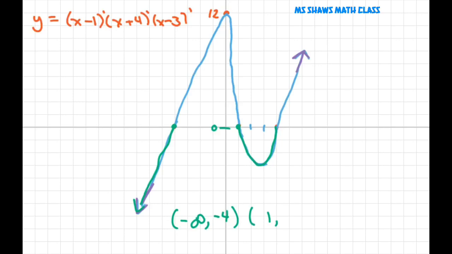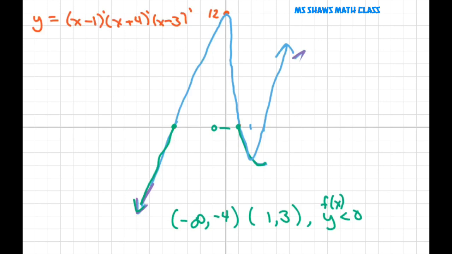I think this was supposed to be 3. I should have graphed this through 3, so let me graph it through 3. It's something like that. So from 1 to 3 is where our y, or f of x, is negative.